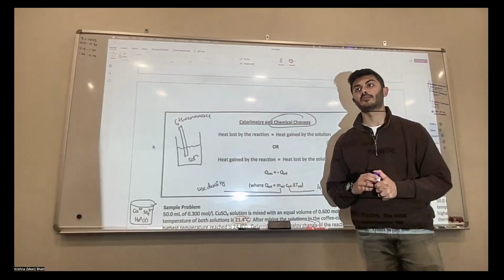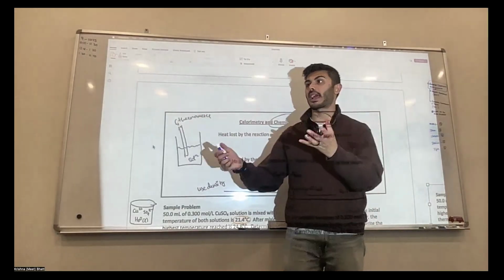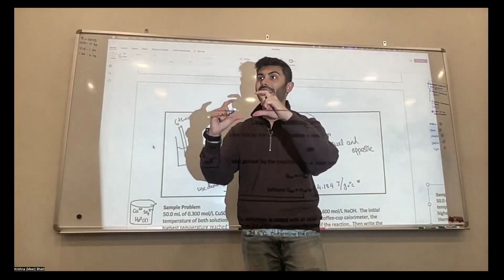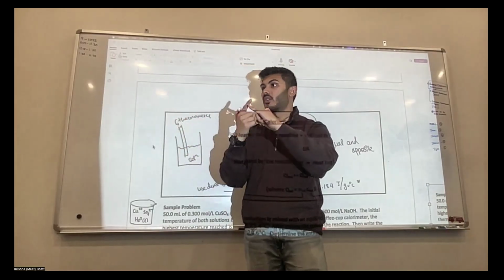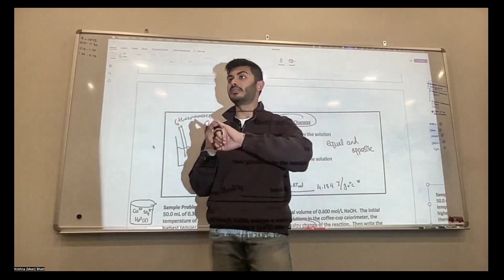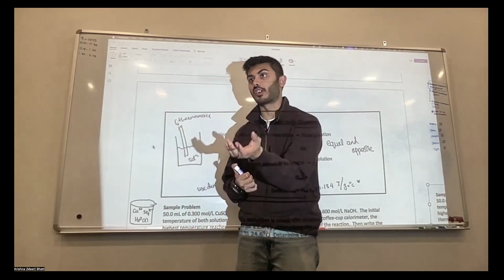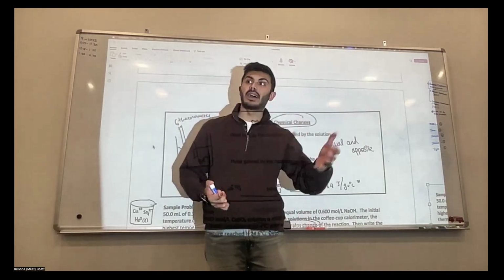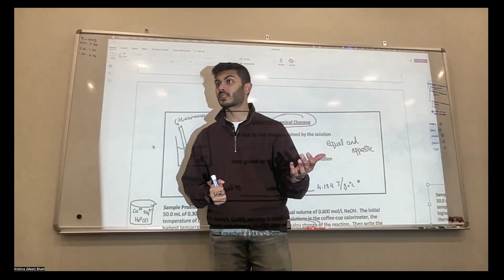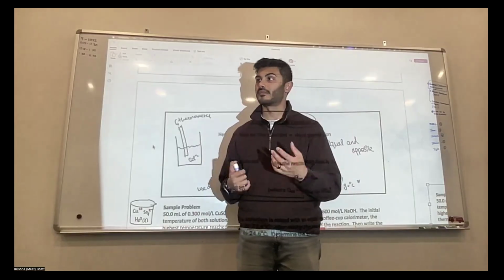And the Q solution is going to be the same that we've seen so far: m c delta T. The whole point is that the way we're setting up our calorimeter, we know exactly what our solution is going to be. It's an assumption that it has the same density as water, which means whatever milliliters of solution I have is the same as the grams. 1 gram is the same as 1 milliliter, density 1.